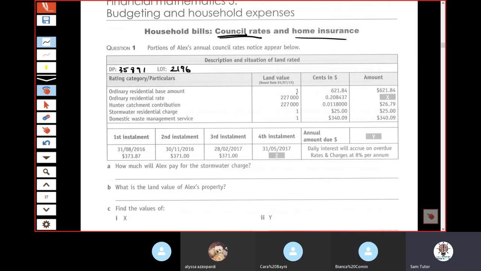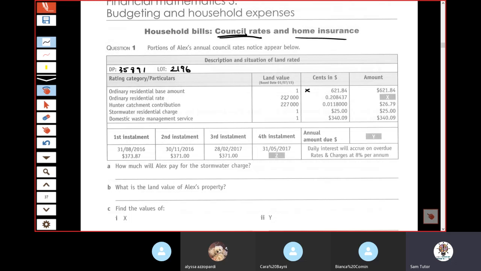Land value. If you're a resident, not a commercial business, the base amount that everyone has to pay is 1 times 621.84 cents in the dollar. So for $1, you're going to get charged $621.84.